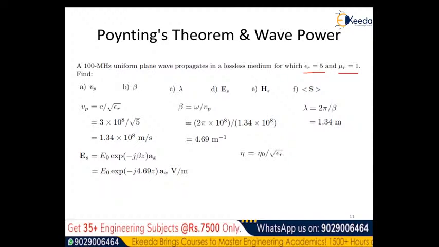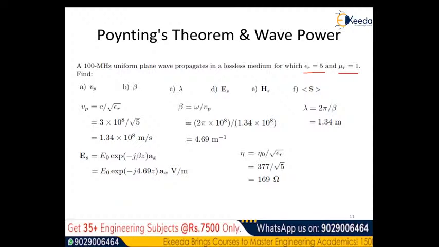Eta 0 is the intrinsic impedance for the free space or the air here. That value we know to be 377 ohms here. So when we substitute that value in place of eta 0 in the numerator and epsilon r, the relative permittivity of the material medium, to be equal to 5 from the problem statement, eta will be equal to 377 divided by under root 5. This value becomes 169 and this is to be regarded in terms of ohms.